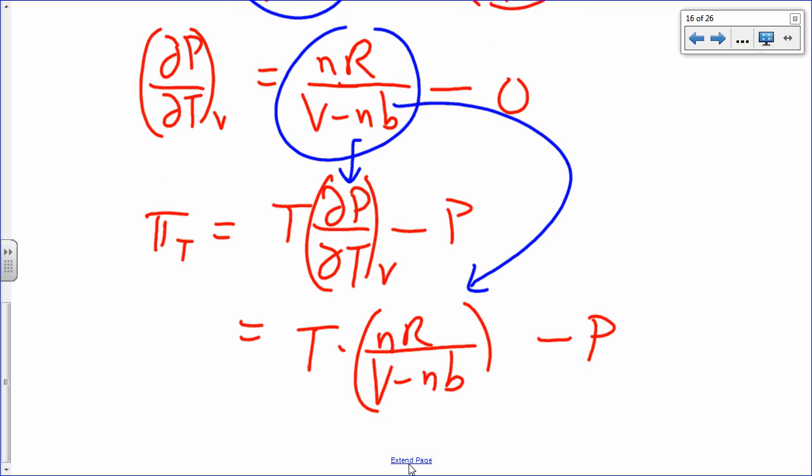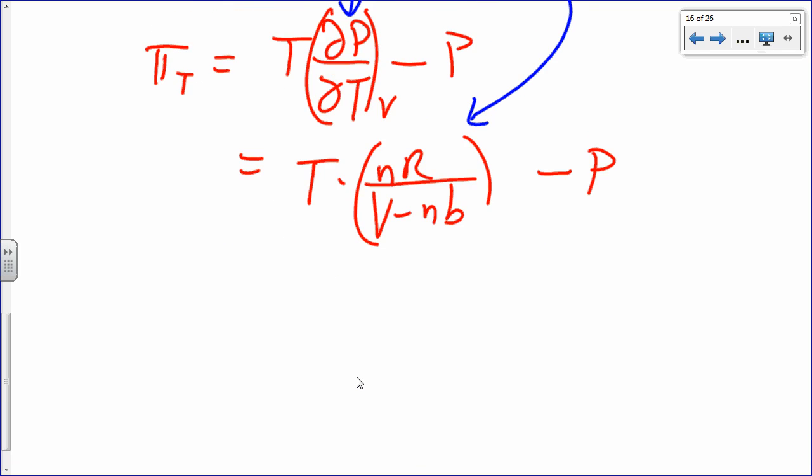So that's pi sub T. But can we simplify this? This is nRT over V minus nb.